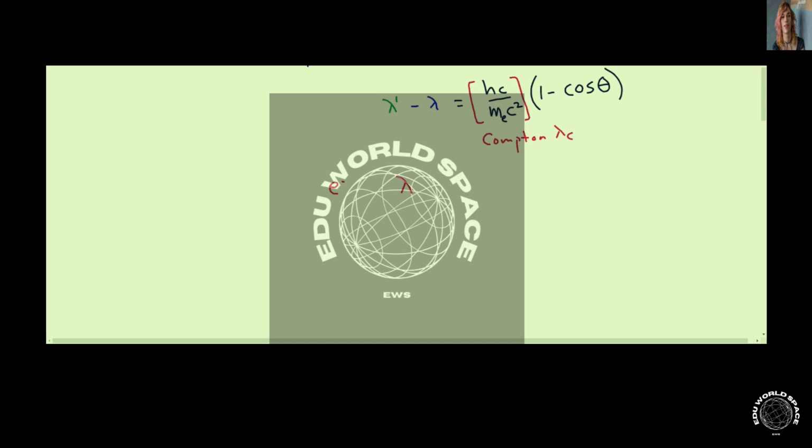What we basically have, I will use good old atomic units. The cluster hc, 1240 eV nanometers, over the rest energy of an electron in electron volts. And that comes out to be, let's see, of the order of a couple times 10 to the minus 3 nanometers.